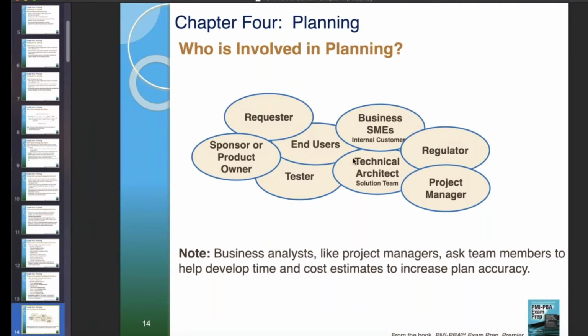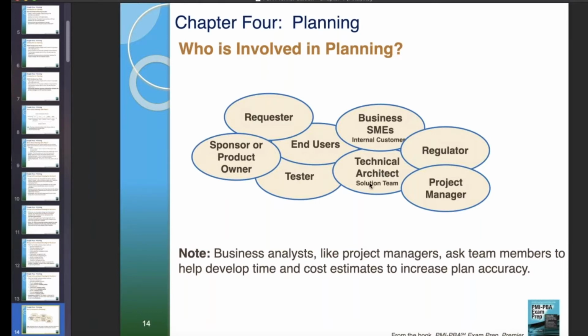Who all can be involved then that you're talking to when you're planning? The requester, the sponsor or product owner, end users, tester, business subject matter experts, the technical architect, or the entire solution team.